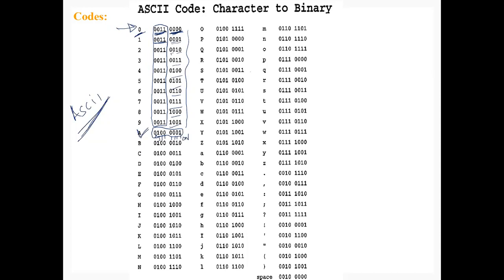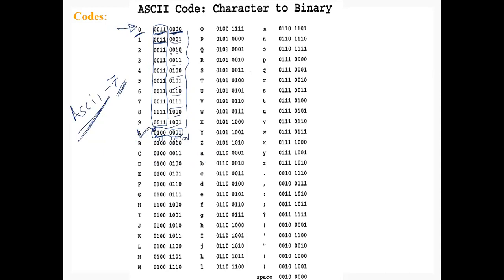The very first one doesn't have meaning because ASCII just has 7 bits. The first is just padded there to make it a byte. So you have on, off, off, off, off, off, on, and obviously the first one is 0.